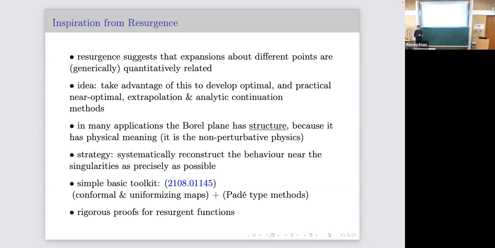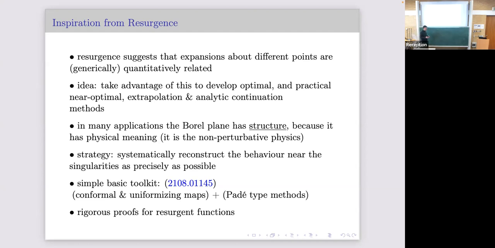And one of the reasons why this isn't a completely crazy idea from dealing with physics is that very often in physics, perturbative expansions are asymptotic. And I'll show you that it's best to work in the Borel plane. I can actually prove that it's much more precise to work in the Borel plane. But then you have a problem with continuation. But in physics applications, the Borel plane is not random.